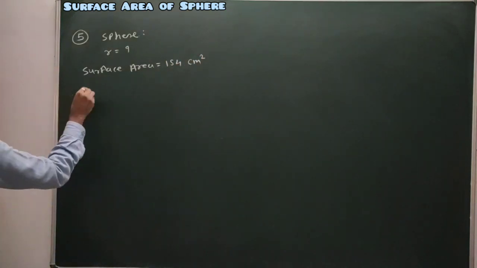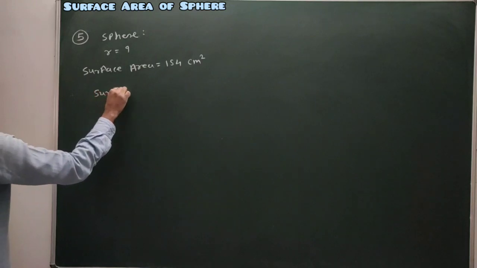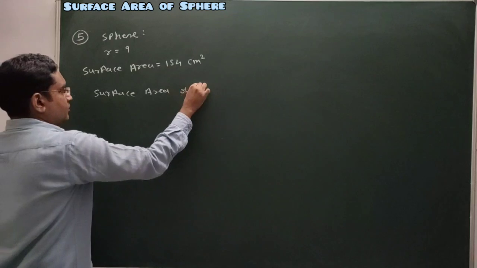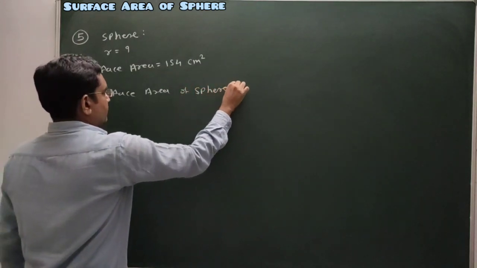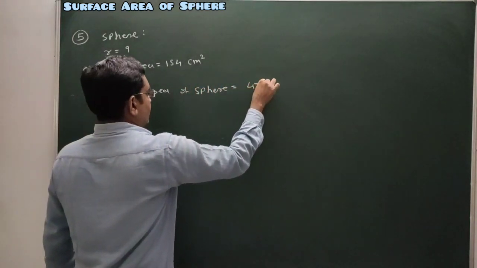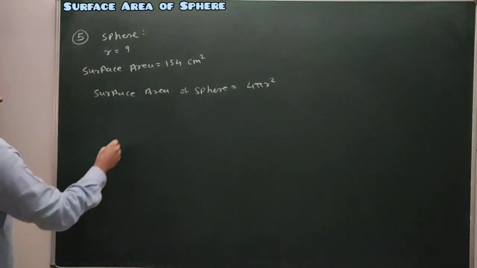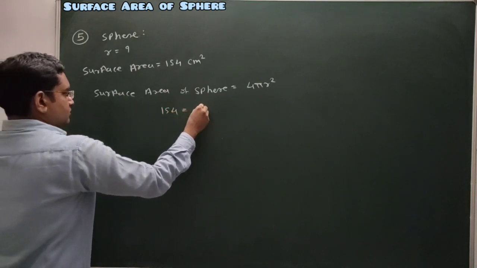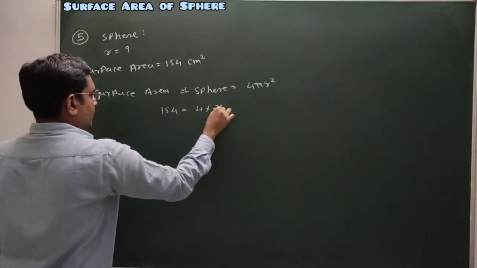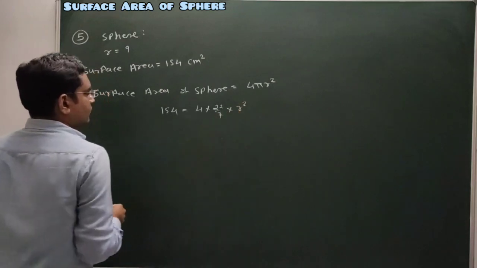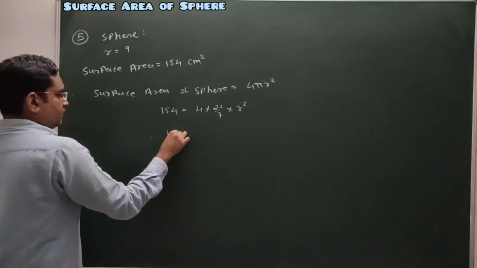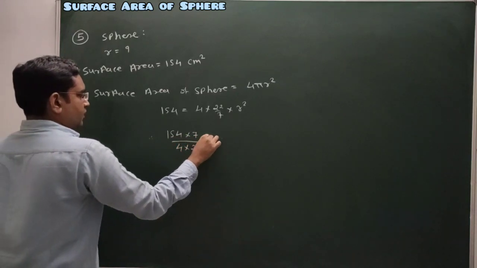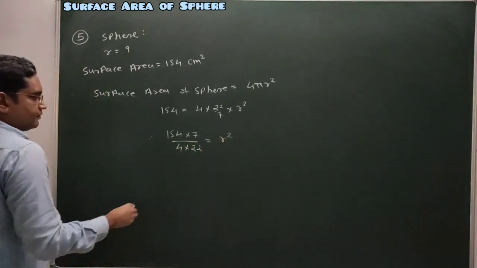Simple sum. The formula for the surface area of a sphere is 4 pi r square. Surface area of the sphere is given, 154, equals 4 into 22 by 7 into r square. Therefore 154 into 7 divided by 4 into 22 equals r square.